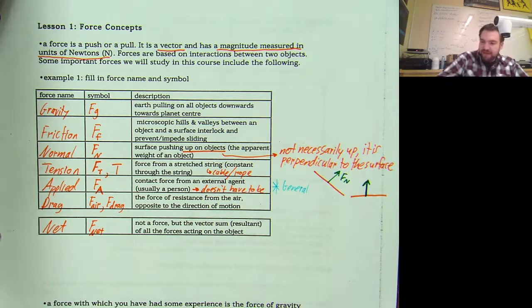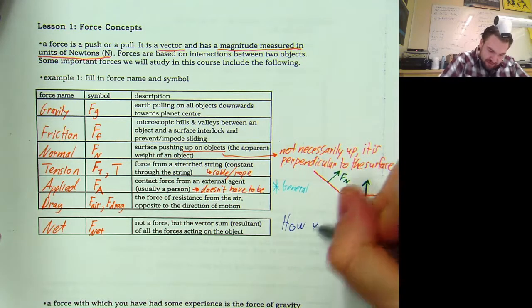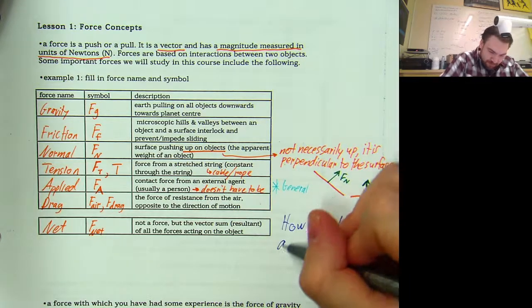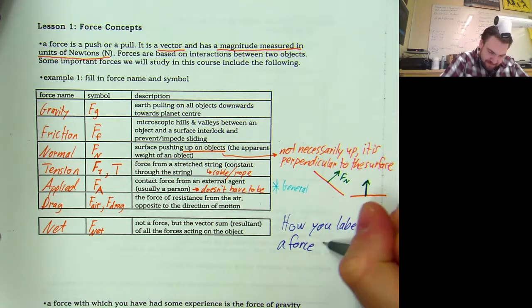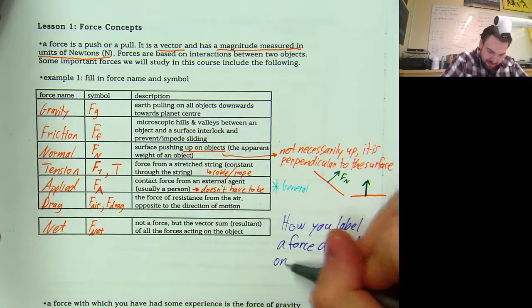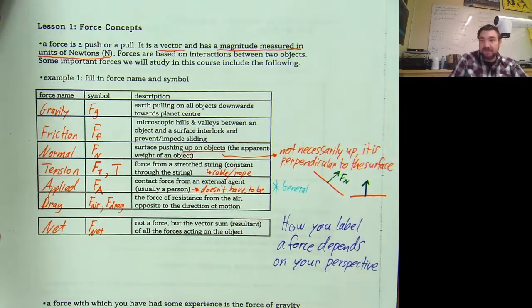It's important to recognize that there's a lot of freedom in how you label forces. How you label a force depends on your perspective. I'll show you what I mean as we do some of these questions here.